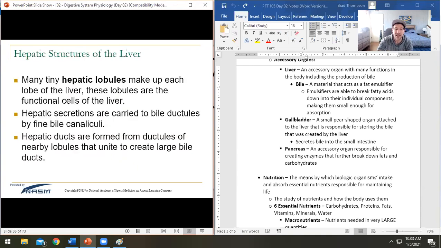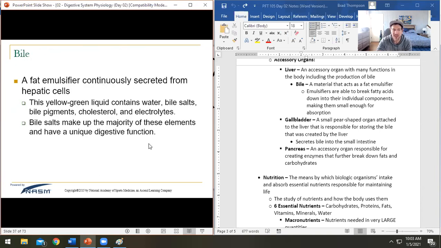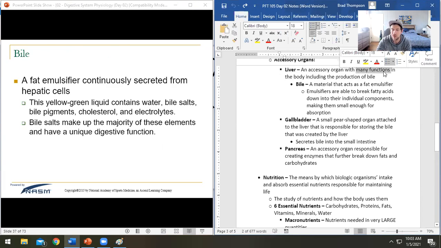So it creates bile, and bile is an emulsifier. Your liver is an accessory organ with a lot of different functions. Like I said, it kills a lot of things that get into your body. It stores glycogen, but for today it primarily produces bile.